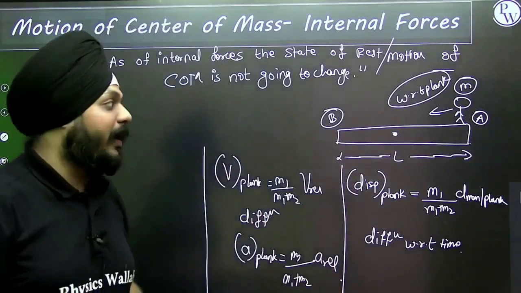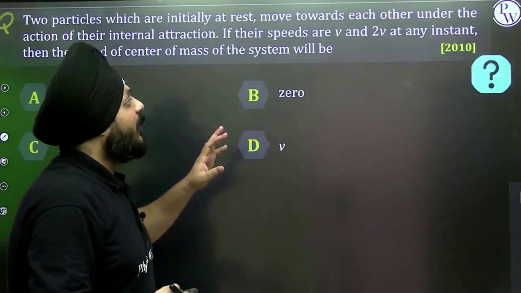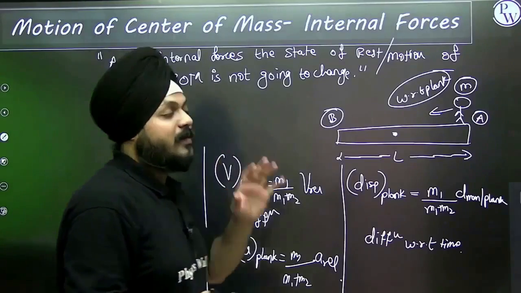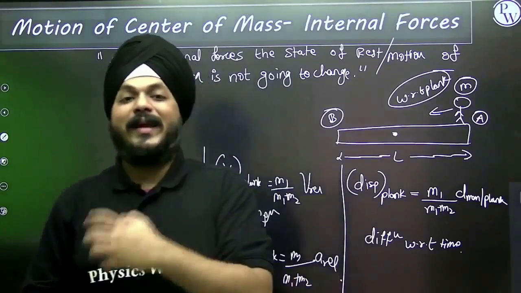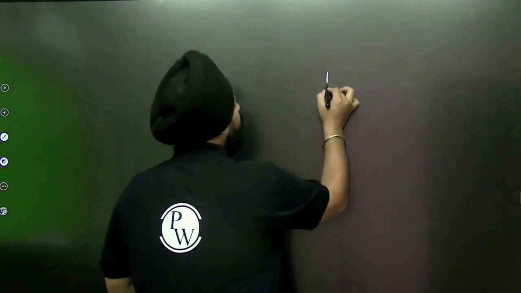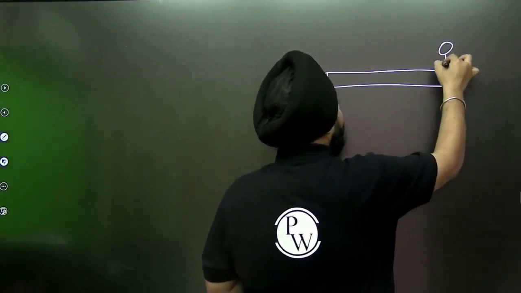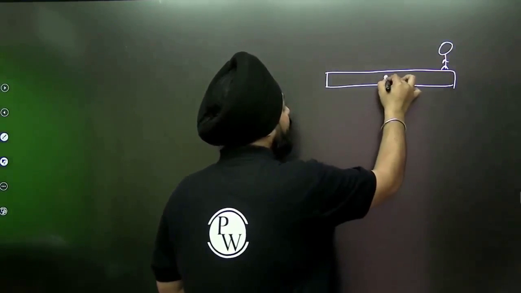Just keep one thing in mind here, what the actual concept is. The concept states that as of the internal forces, the center of mass is not going to change. Suppose the person was standing here. This is the center of mass of the rod.